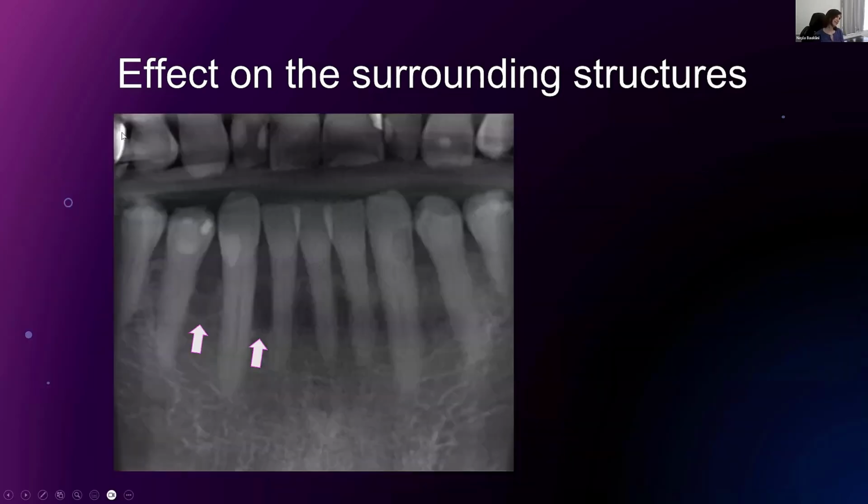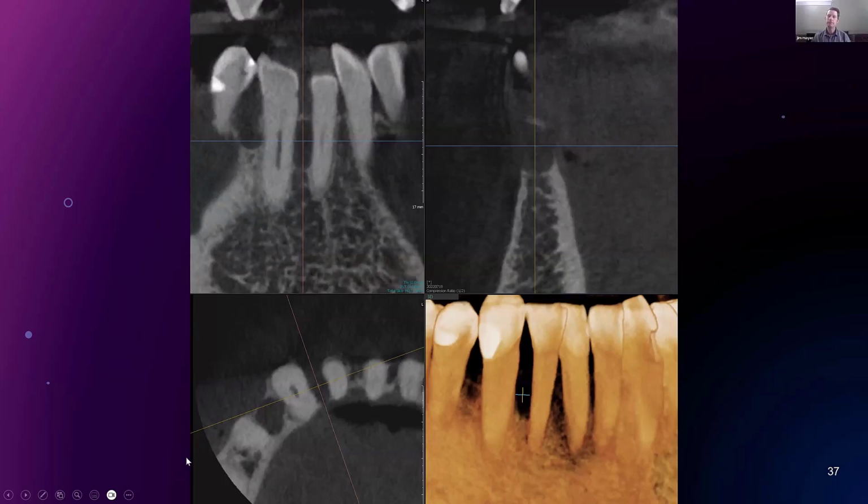Now, in this case, this is a cropped panoramic reconstruction. We have two low-density areas between number 26, 27, and 28. So on this slide, we have multi-planar reconstruction views of the lesion between 26 and 27. We have a homogeneously low-density lesion that is causing thinning, interruption of the cortices, that is ovoid in shape, that is causing interruption of the lamina dura on number 26 and 27.